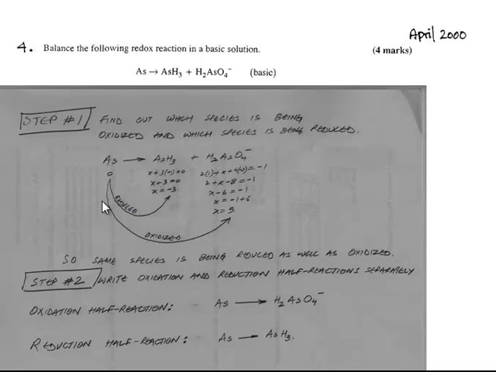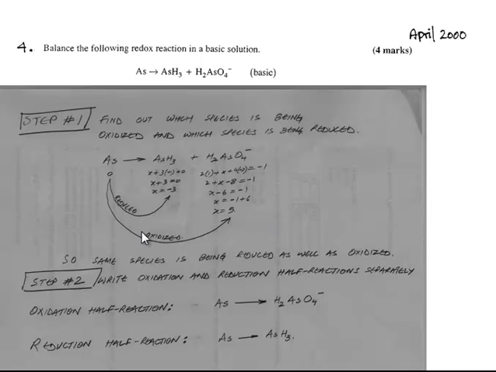Over here it's gone from a charge of 0 to positive 5, so that means it's lost electrons, and losing electrons means that it's oxidized. So from here we find out that the same species, As, is getting reduced as well as oxidized.